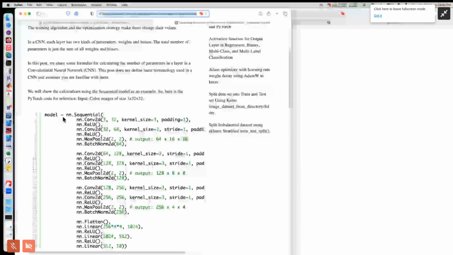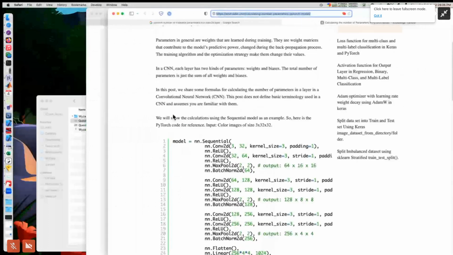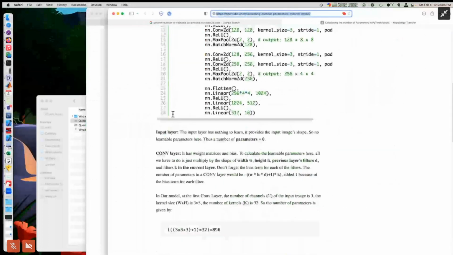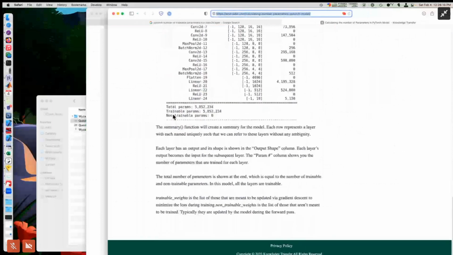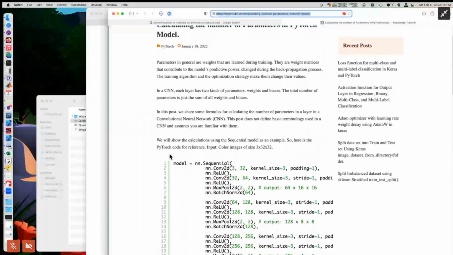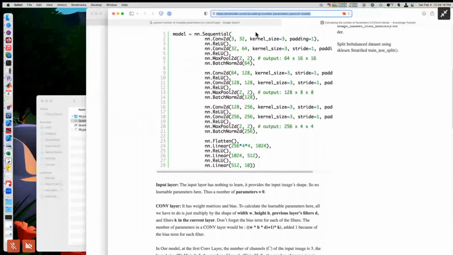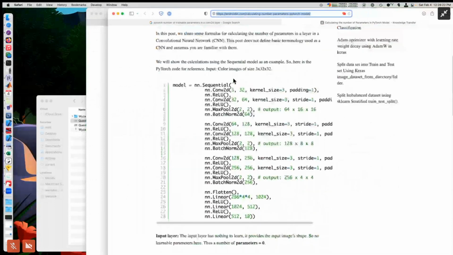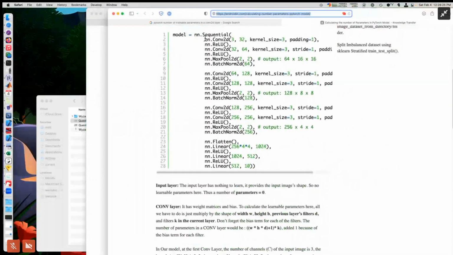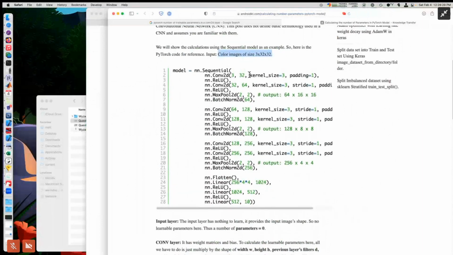Yeah. So here's what I was looking at, and I'm assuming this person knows what they're talking about. Basically, they're setting up a PyTorch model using color images here, 3 by 32 by 32.